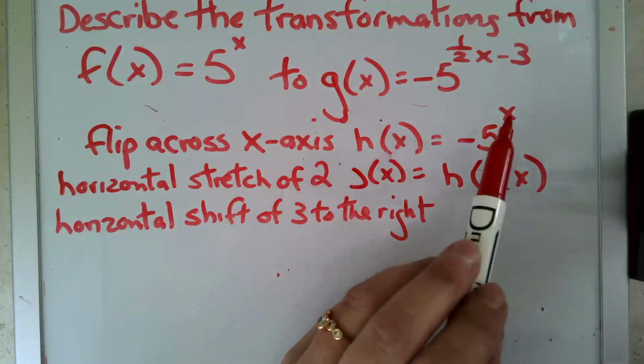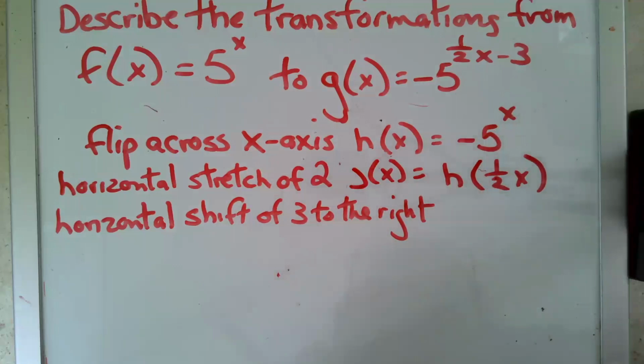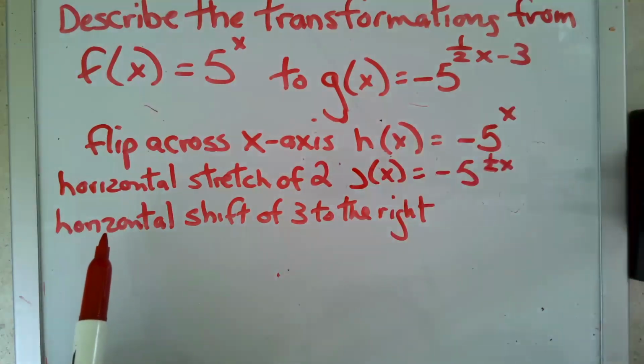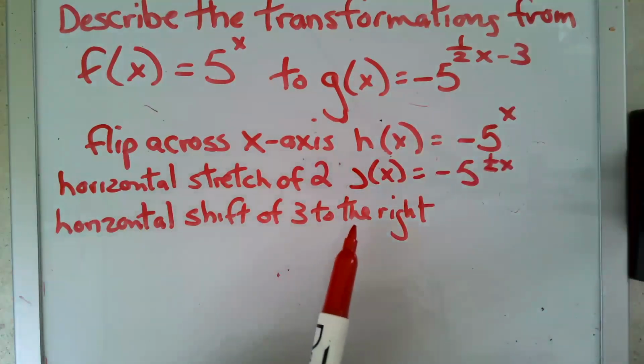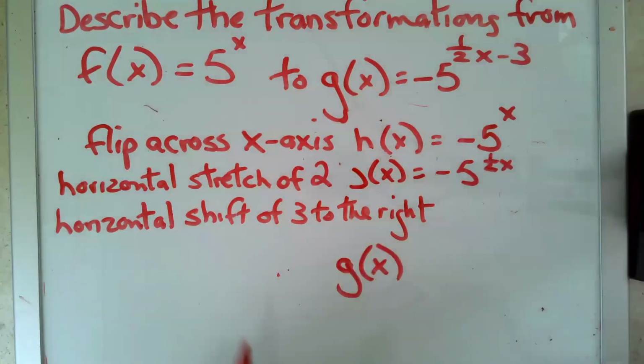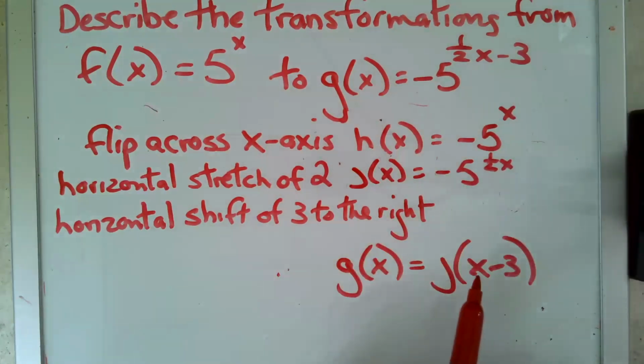So everywhere where we see an x in our h of x, we replace it with 1/2 x. And now our horizontal shift of 3 to the right means our g of x wants to become j of x minus 3. So everywhere we see an x in our j, we're going to put in x minus 3.